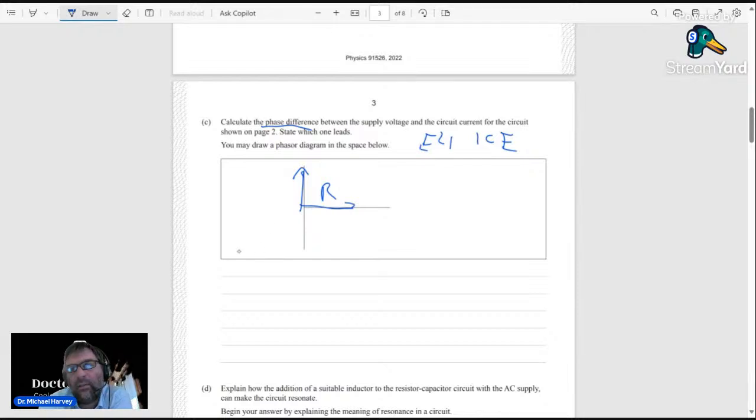The voltage leads the current in an inductor, whereas the current leads the voltage in a capacitor. That's what Eli the Ice means. If it had been an inductor, then that would have been there instead. But it's not in this case, it's down the other way.